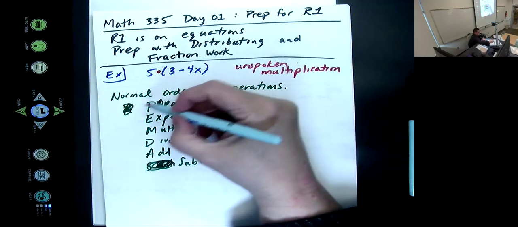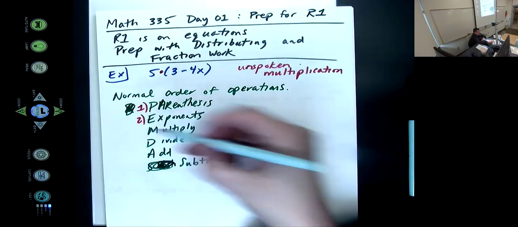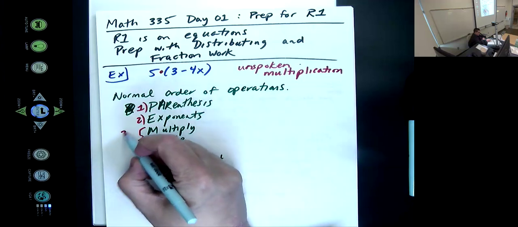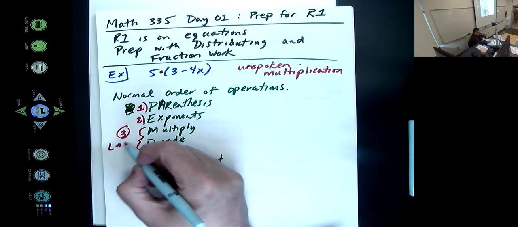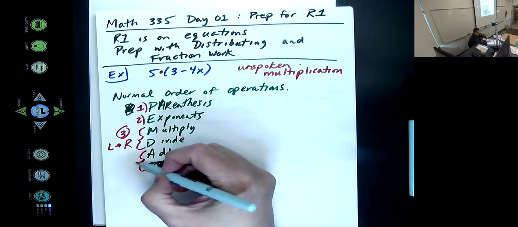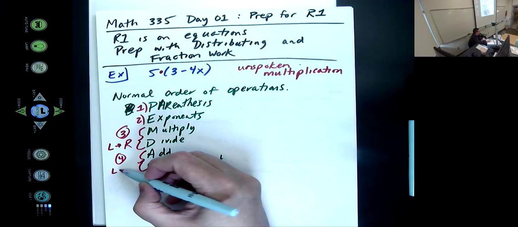Parentheses is step 1. Exponents are step 2. Multiply and divide are step 3 together, and they go left to right. Add and subtract are step 4, and they go together, left to right.